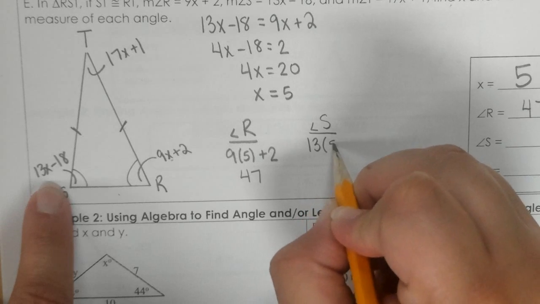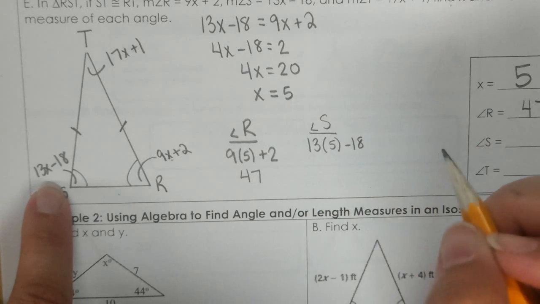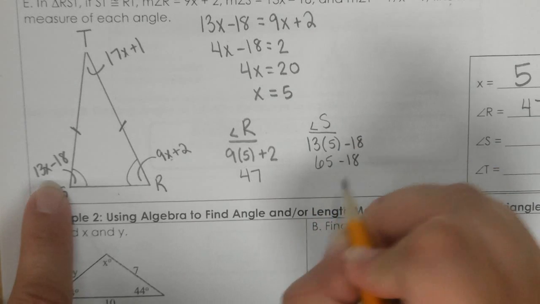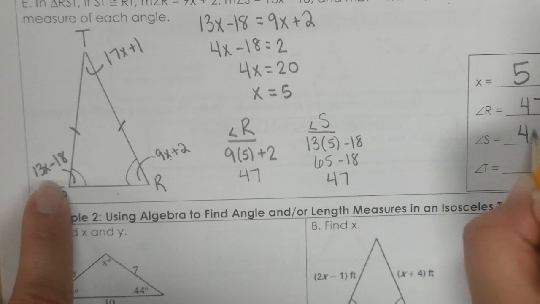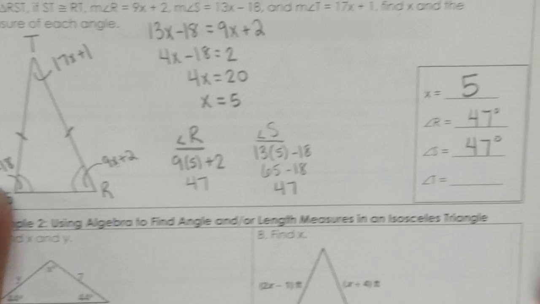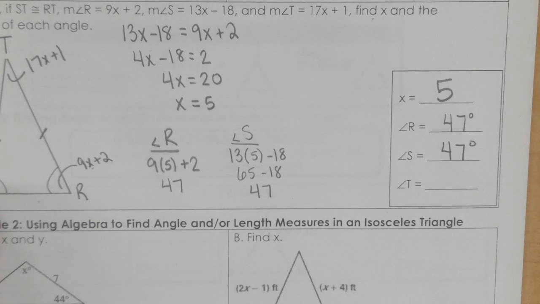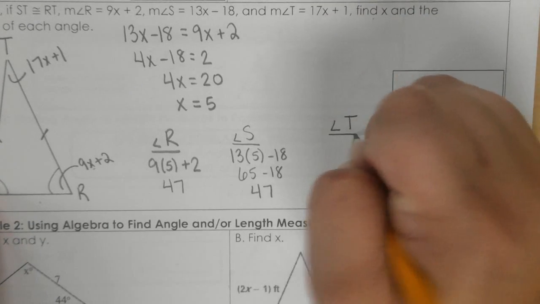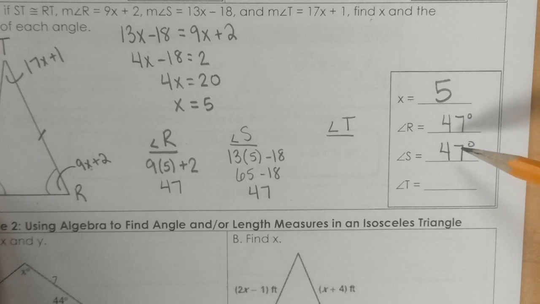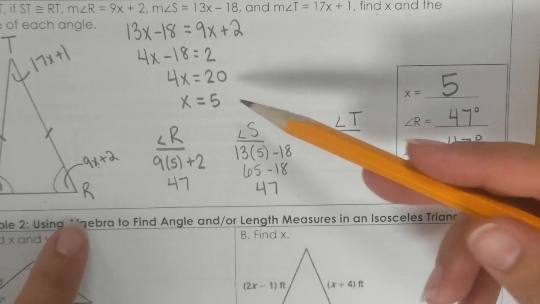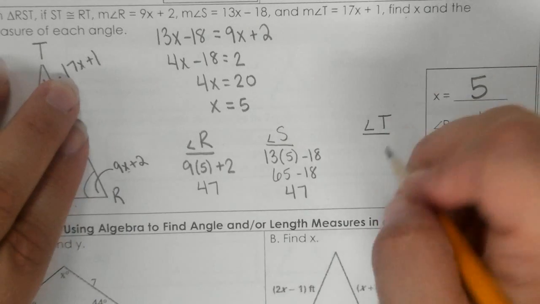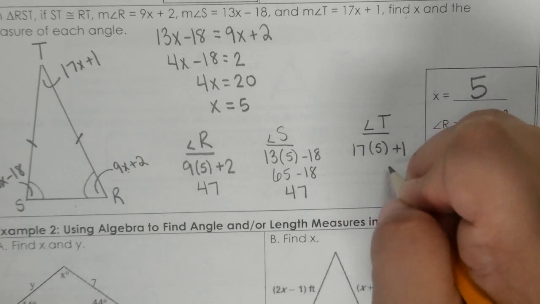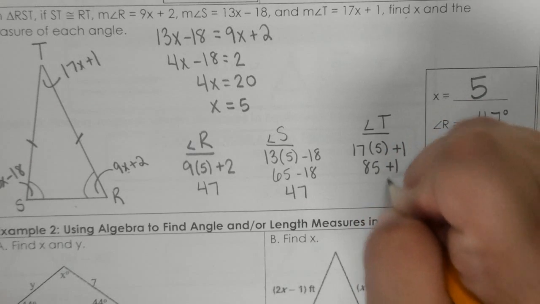So 13 times 5 minus 18 would be 65 minus 18, and that is 47. Okay, so I fill that in over here in my answer box. And then for angle T, you could add these together and subtract from 180, or you could just plug the 5 into the angle T expression. So 17 times 5 plus 1, and that gives me 85 plus 1, which is 86.